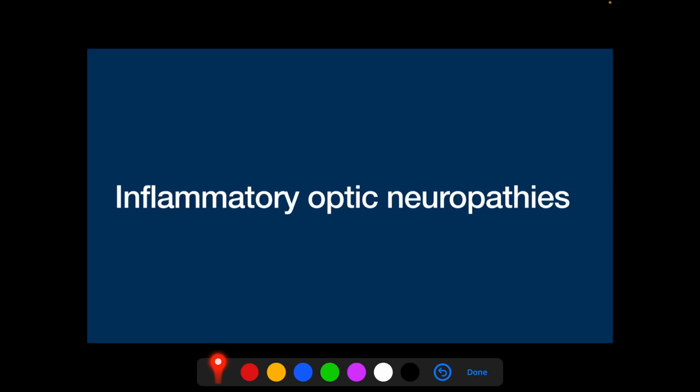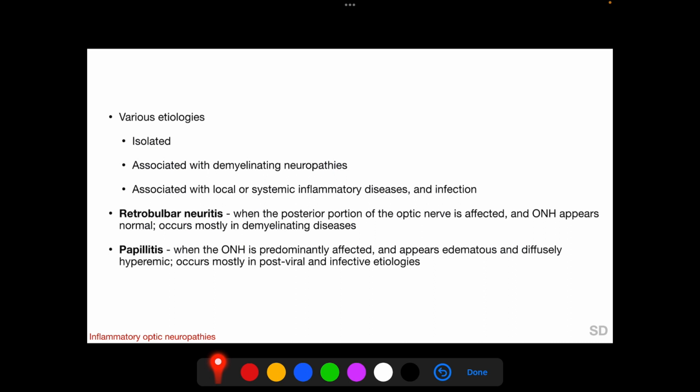Now we come to the next section, the inflammatory optic neuropathies, and there can be various etiologies. It can be an isolated inflammatory optic neuropathy, it can be associated with demyelinating neuropathies, a very important topic, or it can be associated with other local or systemic inflammatory diseases or infection.